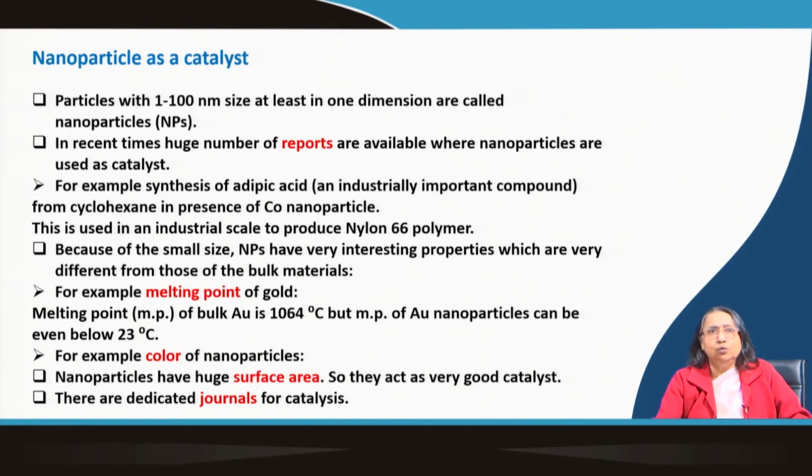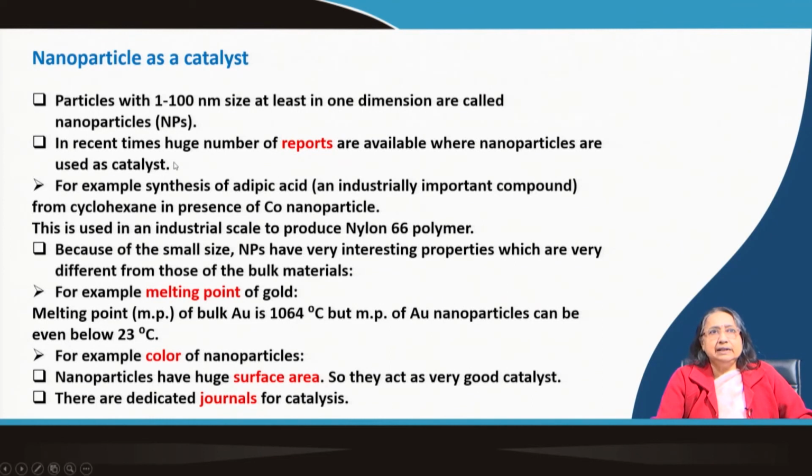Yes, that is why one dimension is mentioned. Because in one dimension, the diameter, it is 50 nanometer, even if the length is much higher, 1000 nanometers, beyond the 1 to 100 nanometer size range, it will still be called a nanoparticle, because it is a nanowire. Now, nanometer means 10 to the power minus 9 meter. So, you can understand how small it is.